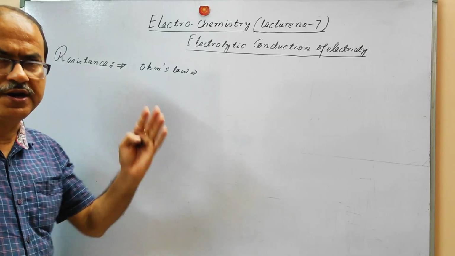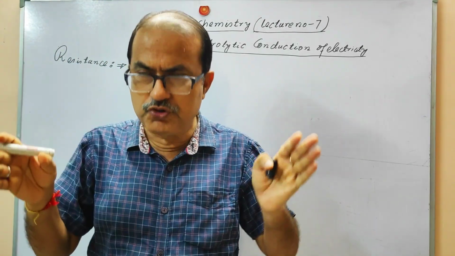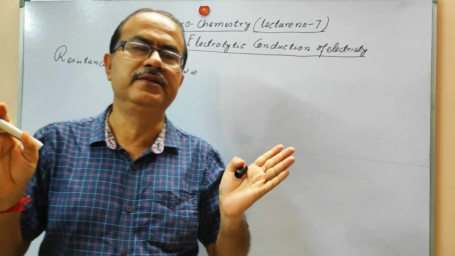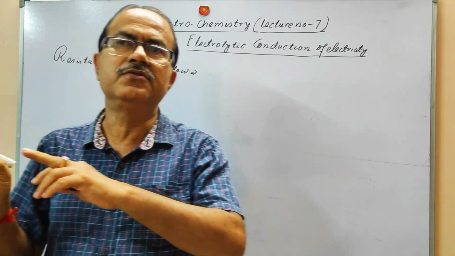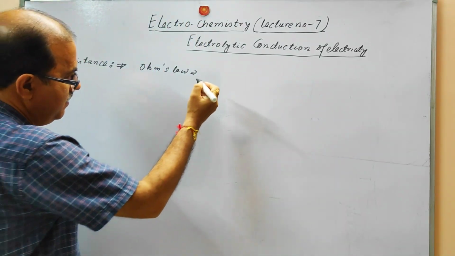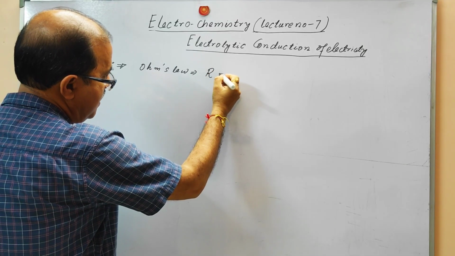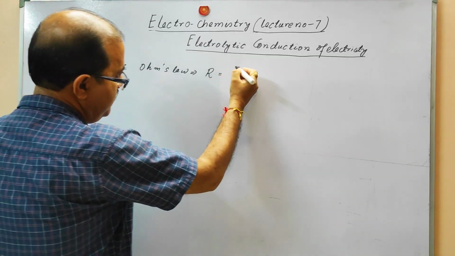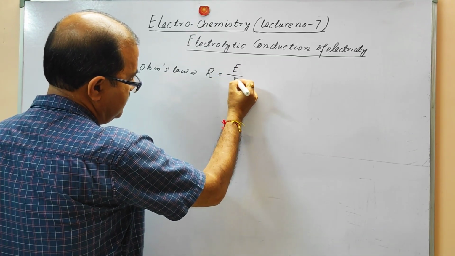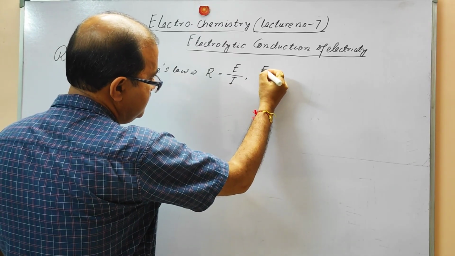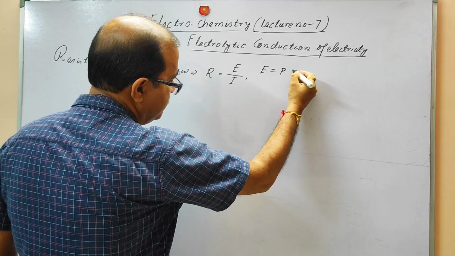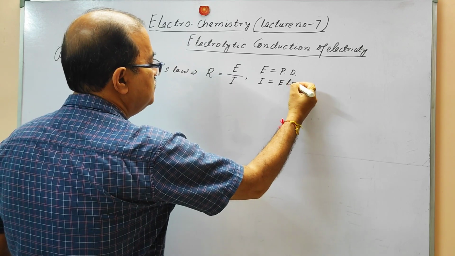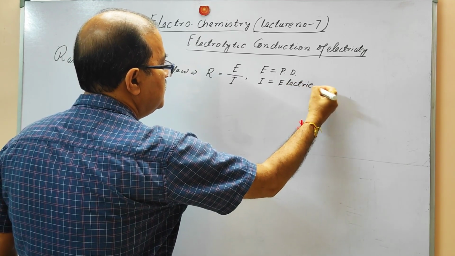that suppose there is a conductor, and in the conductor we put a voltage E from one end to the other end, and there is a flow of current I. At that time we can say the electrical resistance R. Electrical resistance is represented by R, and it is the ratio of these two things, the potential difference E, and I the electric current flowing.